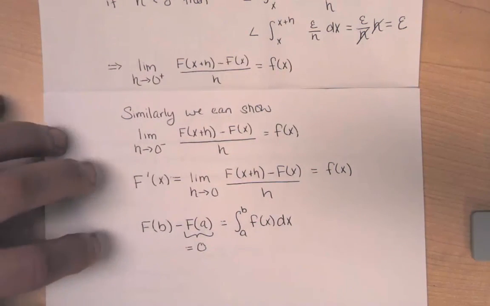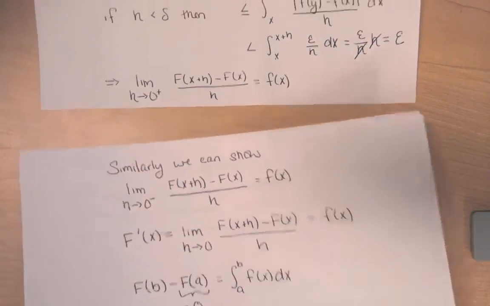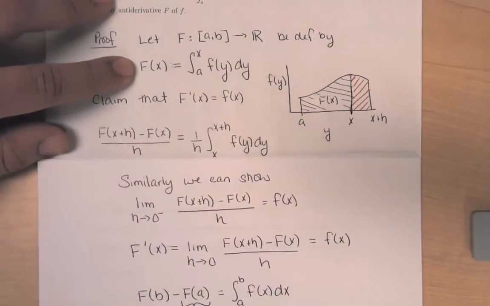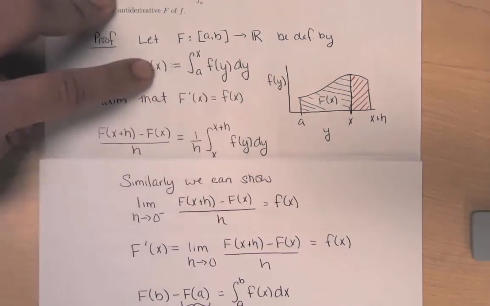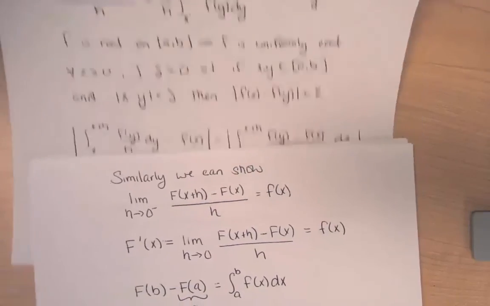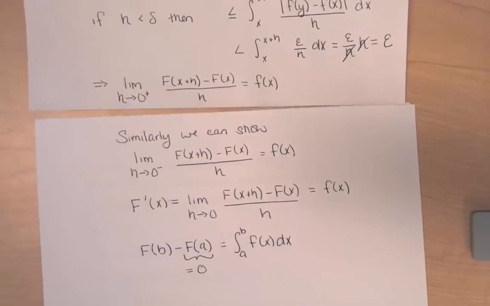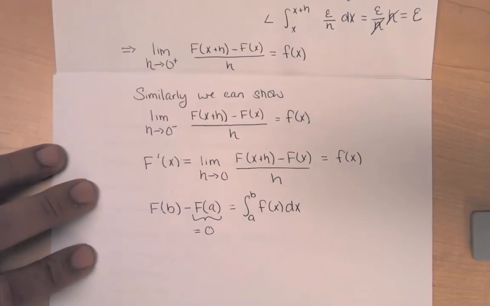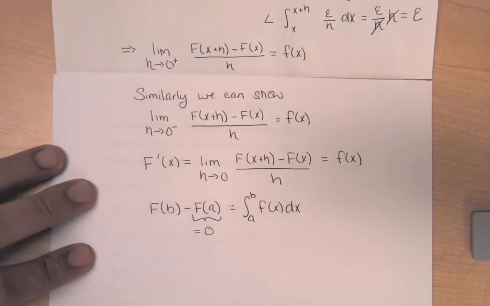How do I know F of a is 0? Well, if I remember the definition, because I constructed F of x, F of a is the integral from a to a, which is 0. Technically, that's an improper integral, but we'll get more into that later.